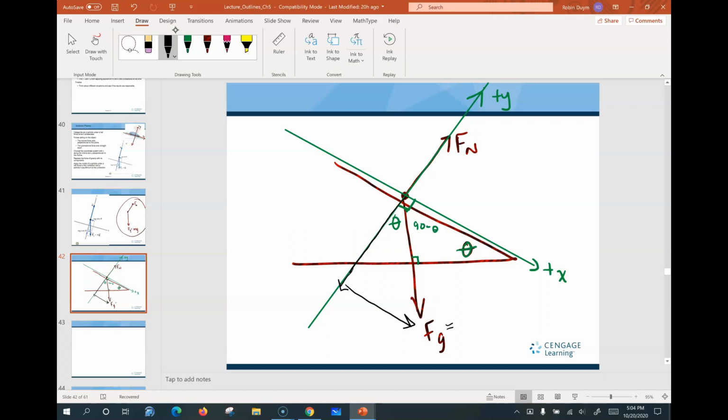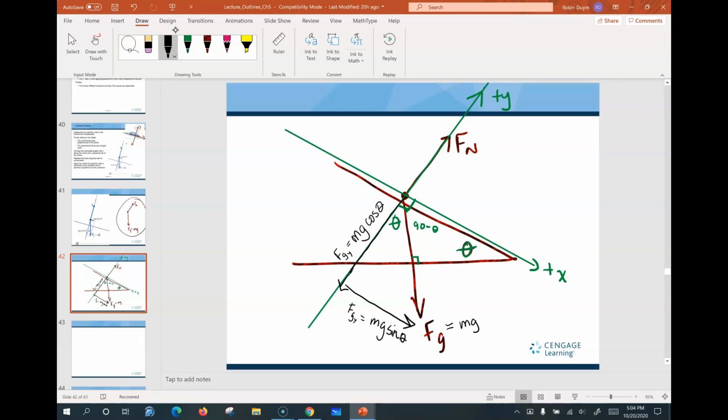So we know that the force of gravity is mg, so the component in the y direction, FGY, is going to be mg cosine theta, and FG in the x is going to be mg sine theta.